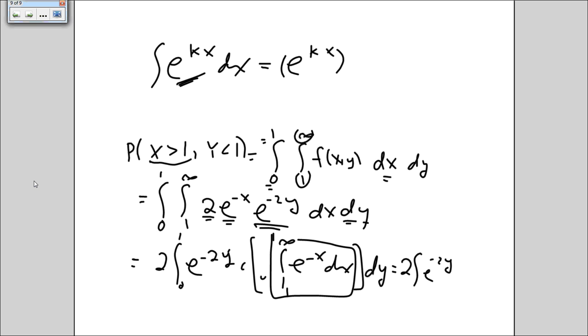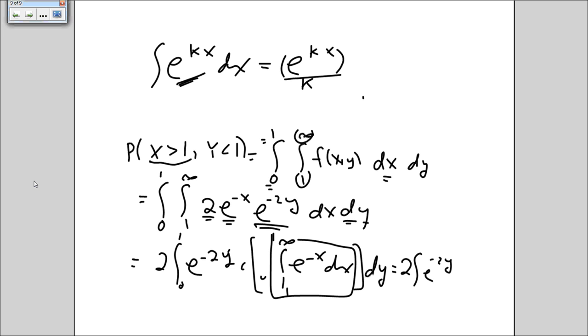But the derivative of e to any power is e to the power times the derivative of the power. The derivative of a number times x is just a number. Oh, I don't want k, I just wanted this. Oh, I'll divide by k. You divide by the derivative of the power.